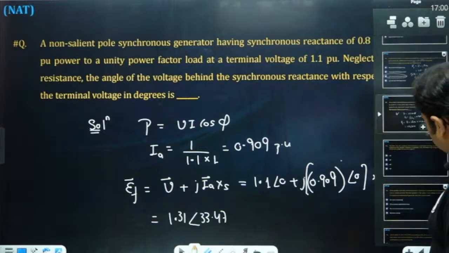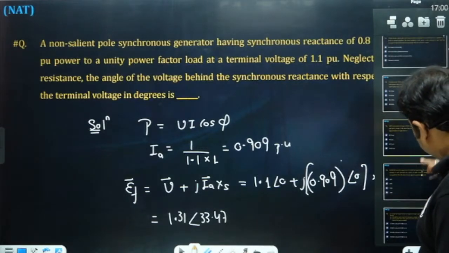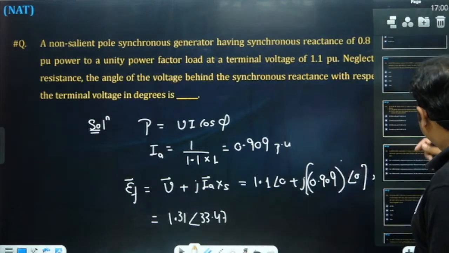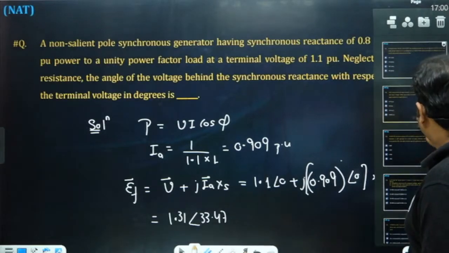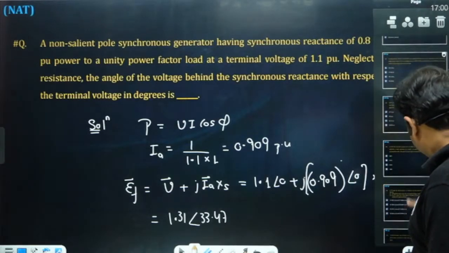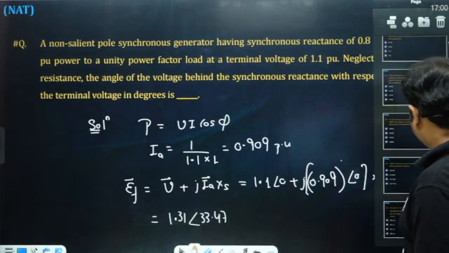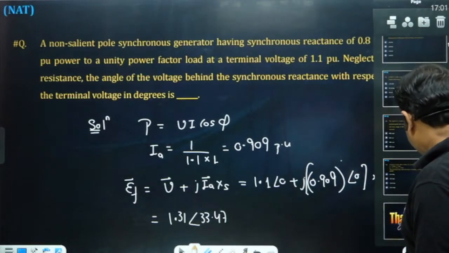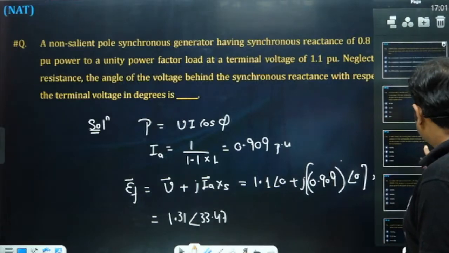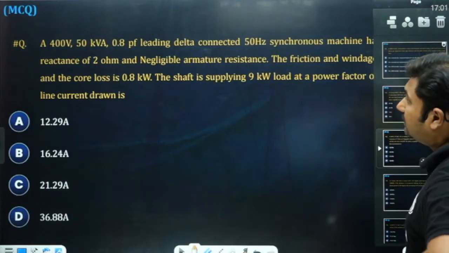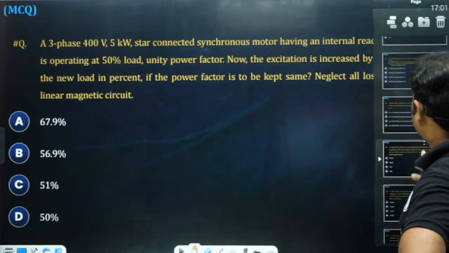Parallel operation, you are talking about parallel operation, beta? Let me check. Actually I have kept a lot of questions, but the time is not sufficient to discuss all.